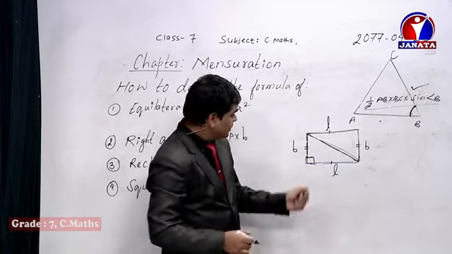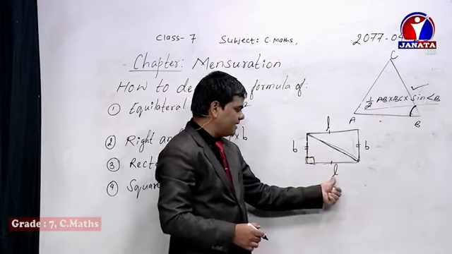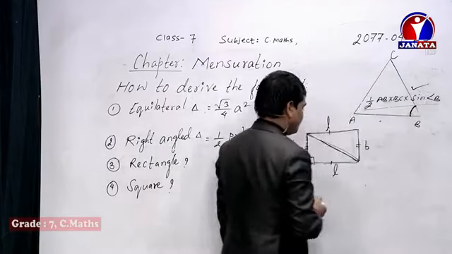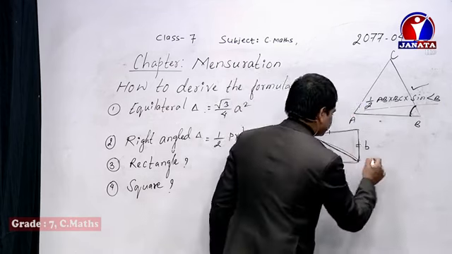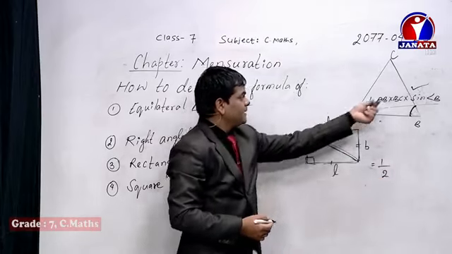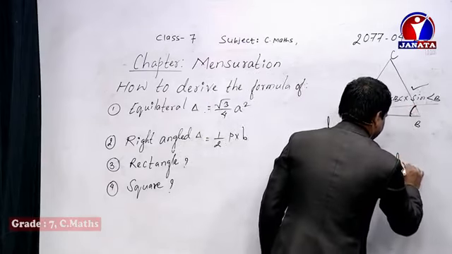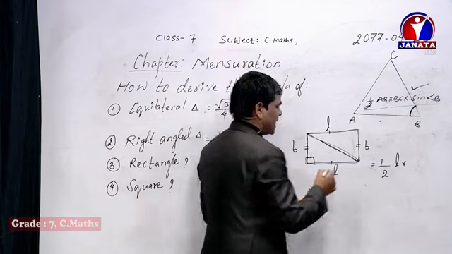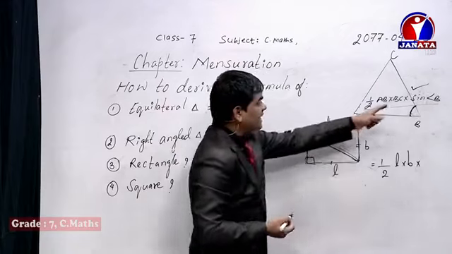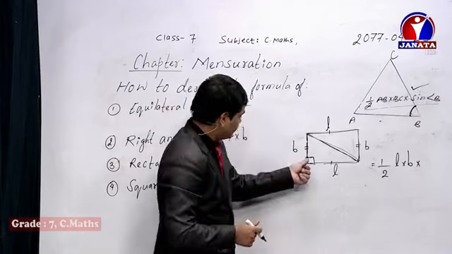At that time we had used the concept of right angle triangle. In the place of perpendicular there is base, and in the place of base there is length. So let's use this formula, 1/2 AB into BC into sine angle B. So what happens? 1/2, in the place of AB, you can keep length, any side among these two, BC or AB. And in the place of BC, you can write breadth B. In the place of sine angle B, in between this length and breadth, the measure of the angle is 90 degrees.